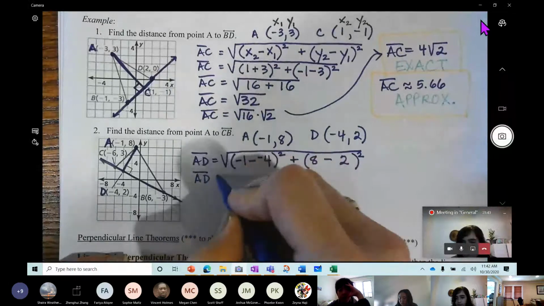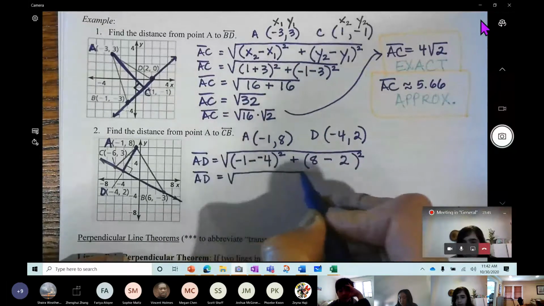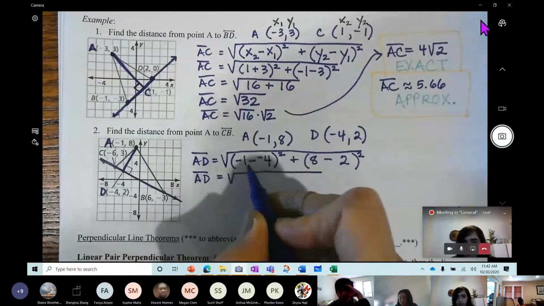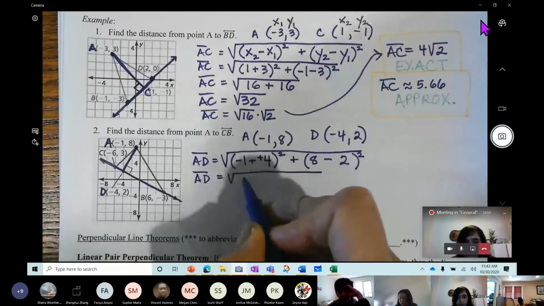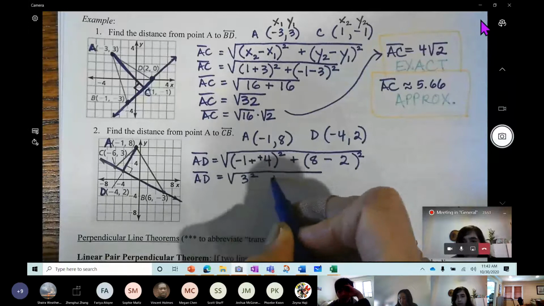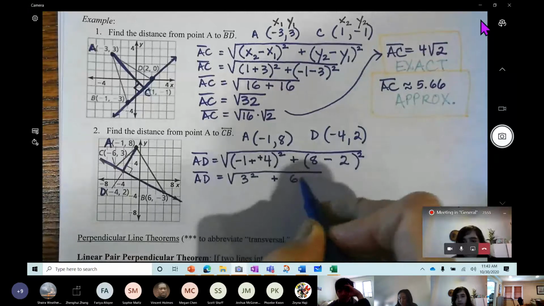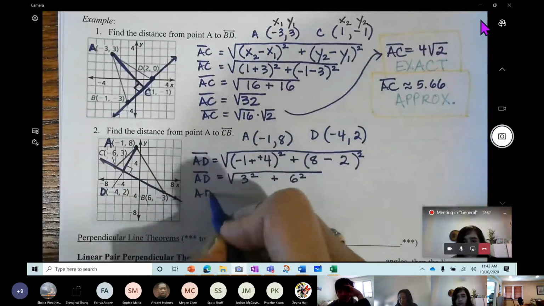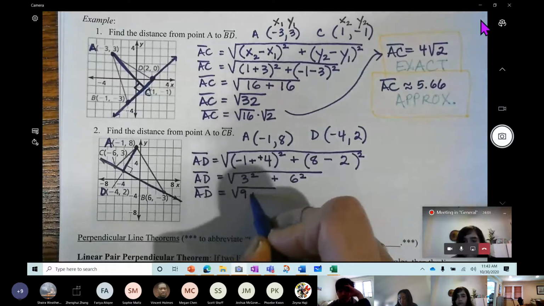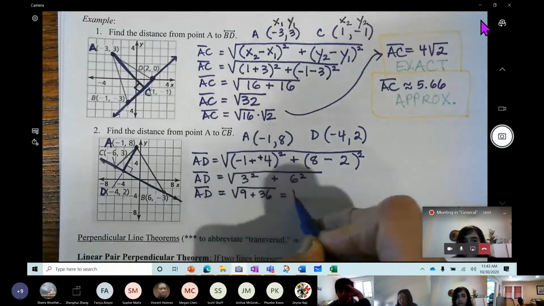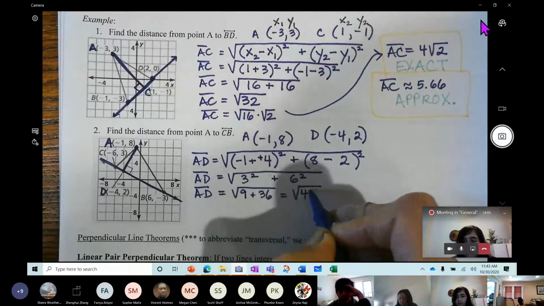Now I can just do calculations. So this will be -1 plus 4, so that's 3 squared. And then this is going to be 6 squared. So that's 9 plus 36, which is 45.